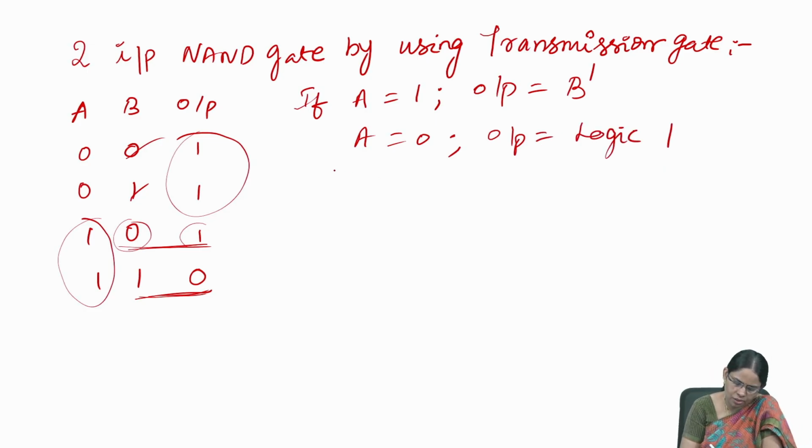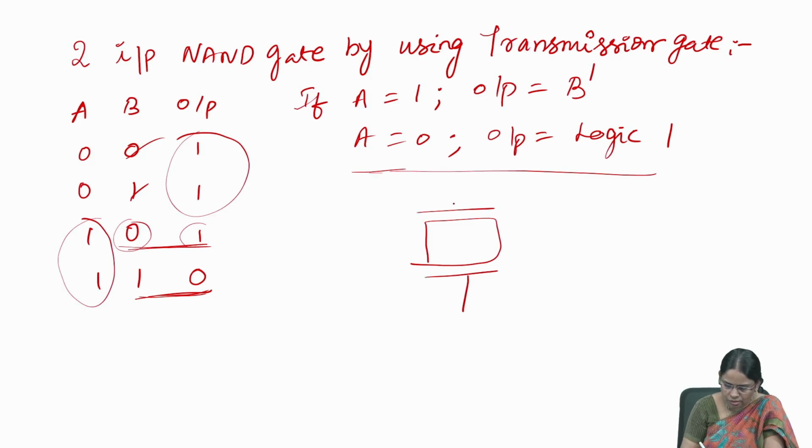So for these control signals, for these concepts, I have to implement a transmission gate. As two inputs are there, I have to consider two transmission gates. The transmission gate symbols are like this.